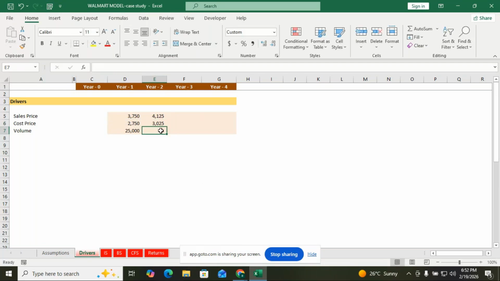And then the volume, 1 plus 5%. For year 3 and year 4, you just extend the increased values. So please complete these drivers.